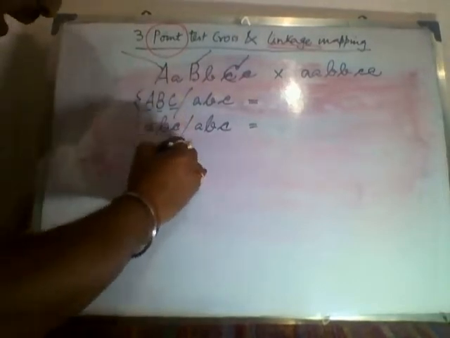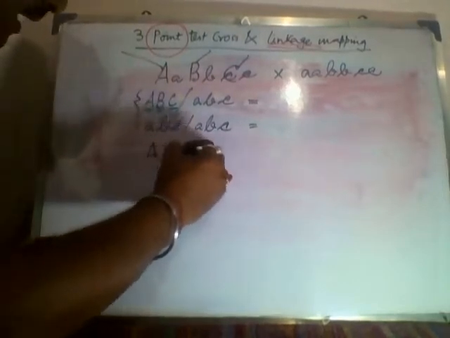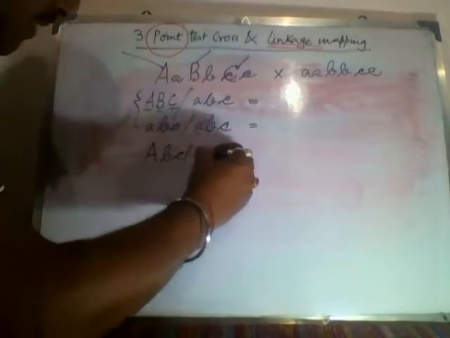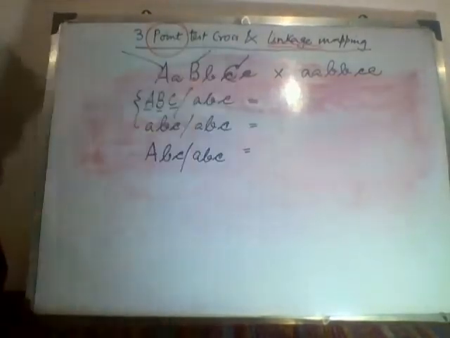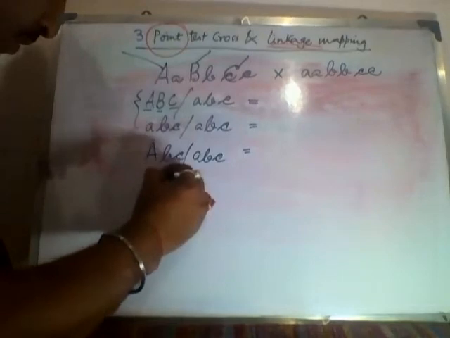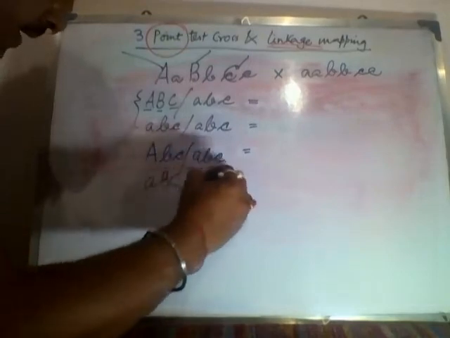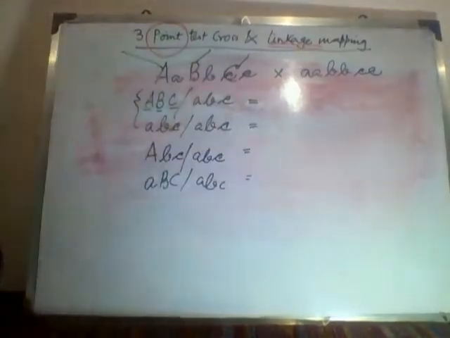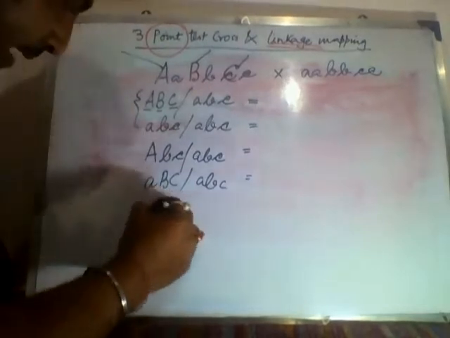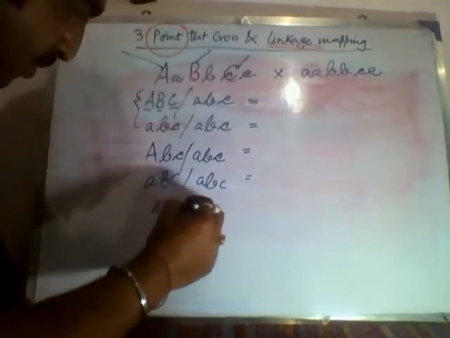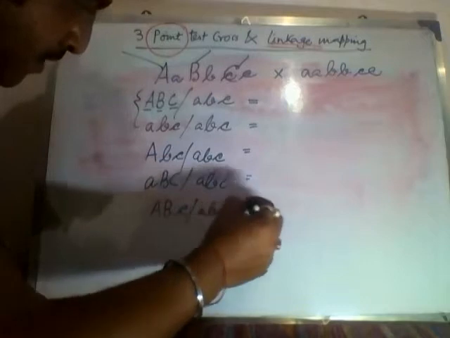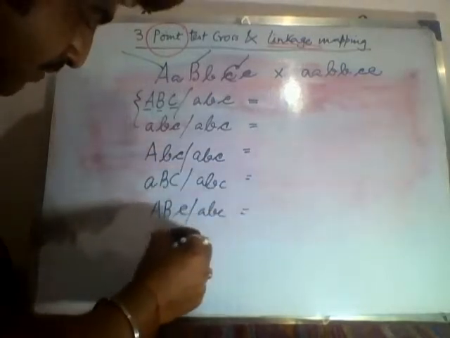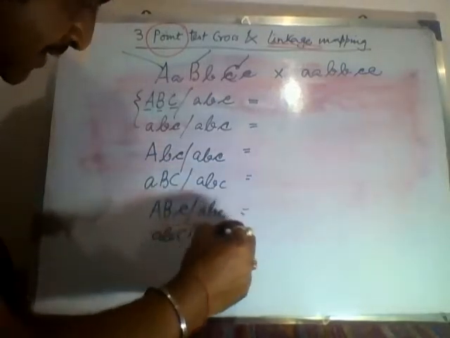Next, you will get some population capital A, small b, small c by small a, b, c. You will get some population like small a, capital B, capital C by small a, b, c. In a similar manner, you will get capital A, capital B, small c by a, b, c. And you will get small a, small b, capital C by small a, b, c.